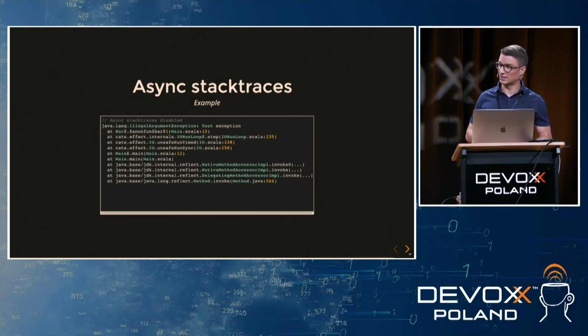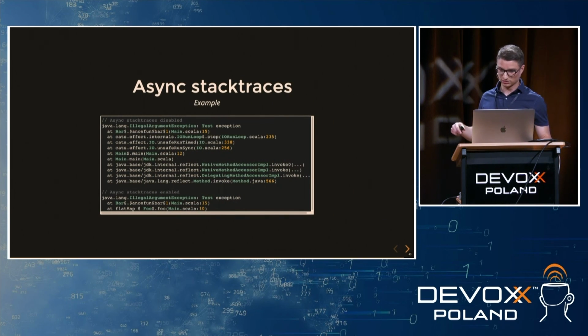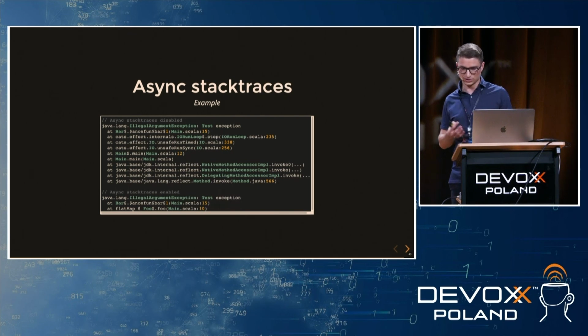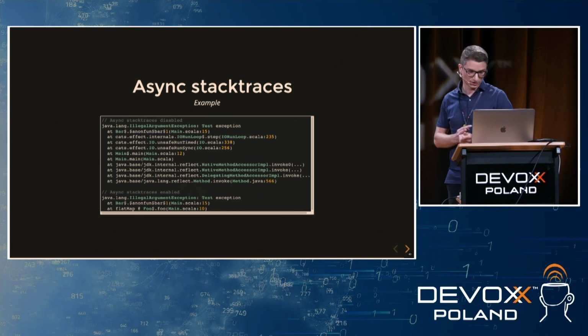But what if we enable asynchronous stack traces in the library itself? How will the stack trace look? The stack trace will look like this. This is all, 3 lines of code. There are a couple of things worth mentioning here. First of all, the exception is correct. It's the same one the bar method failed with. The second thing is that the bar method was the method that failed with an exception.